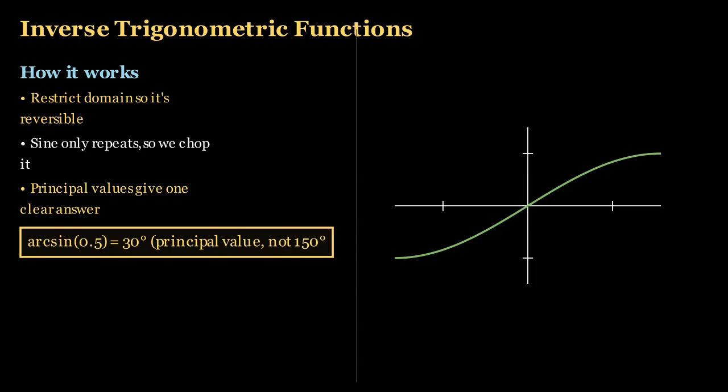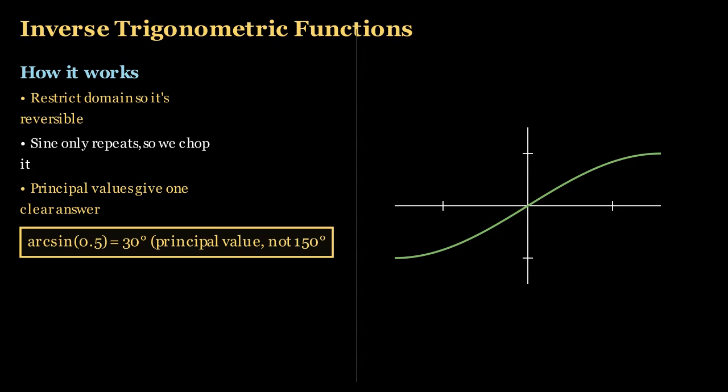Let's find the sun's elevation. A 6-foot vertical pole casts a 10-foot shadow on flat ground. The pole is the opposite side to the sun's angle, and the shadow is the adjacent side. The tangent of the angle is opposite over adjacent, which is 6 over 10, or 0.6.